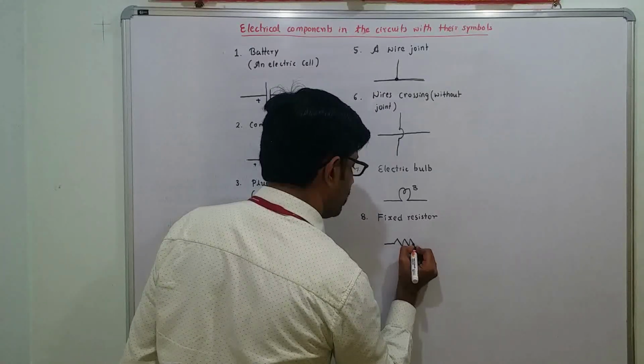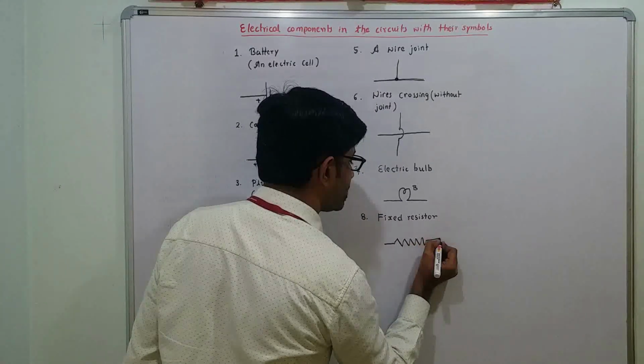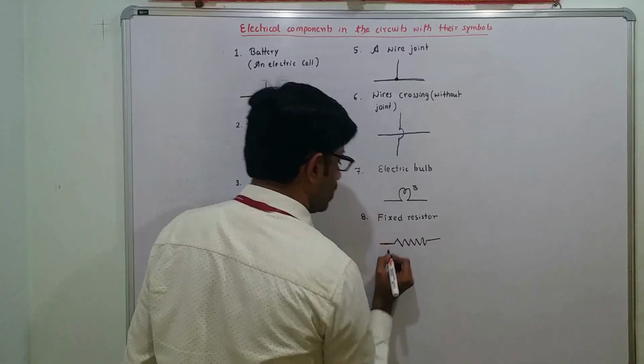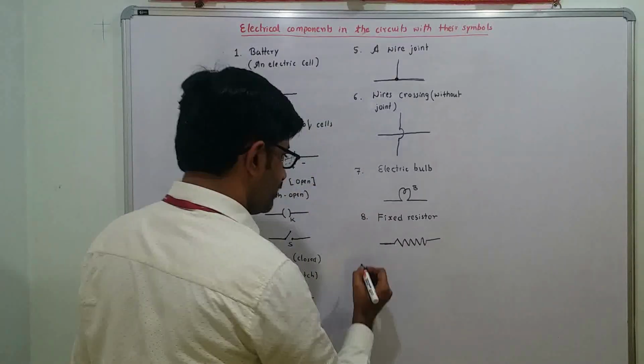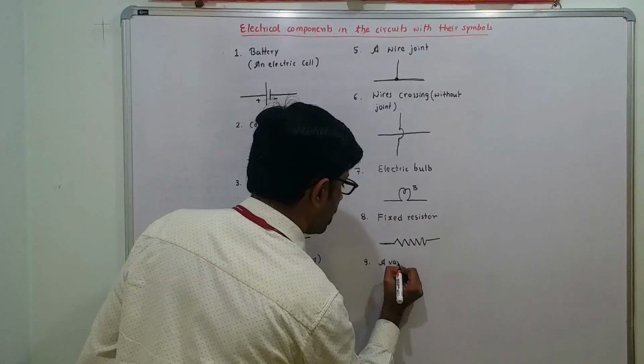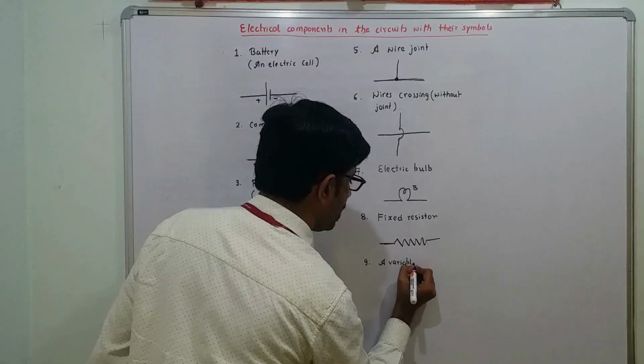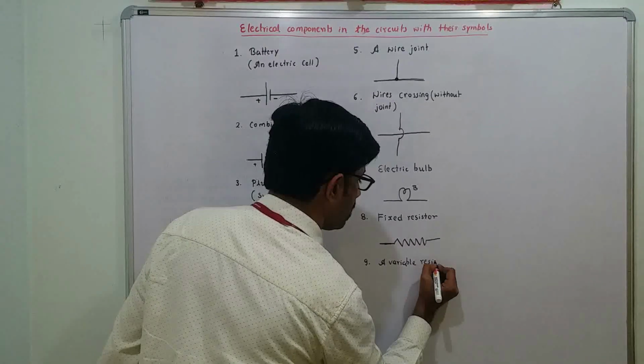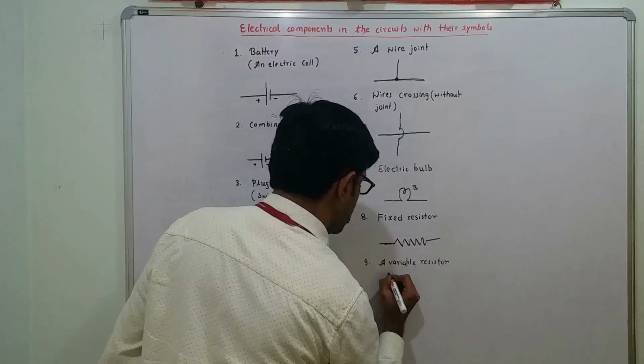So this is the symbol for a fixed resistor. Next, a variable resistor or rheostat. A variable resistor is also called a rheostat.